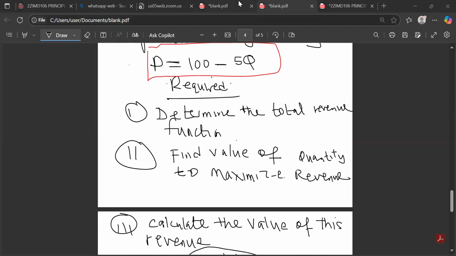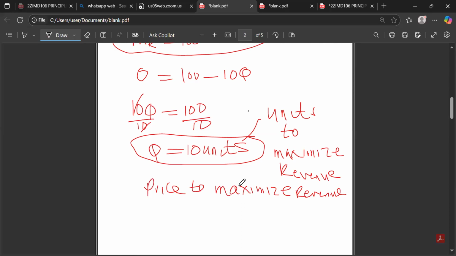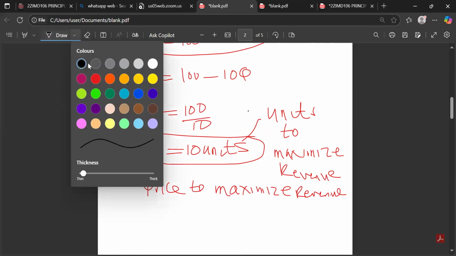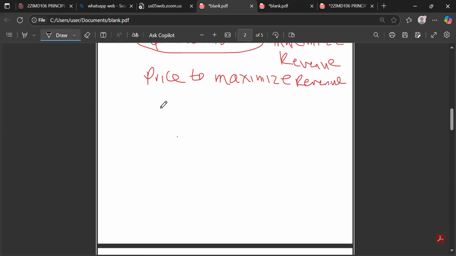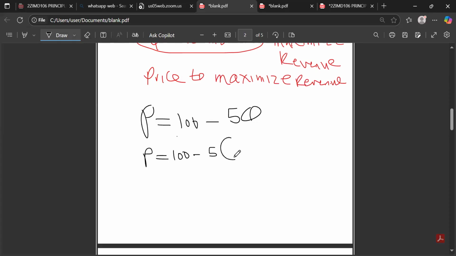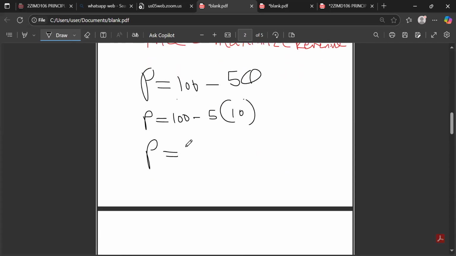Yes. So price is 100 minus 5Q. So price will be equal to 100 minus 5 times Q, which is 10. And then our price is equal to 100 minus 50. Our price is 50.